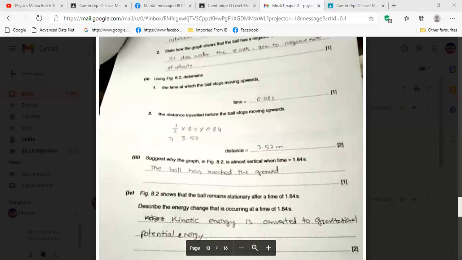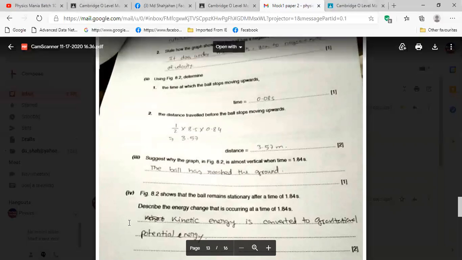So that time the graph is almost vertical. This is because the ball hits the ground, right? Yes, that's correct.